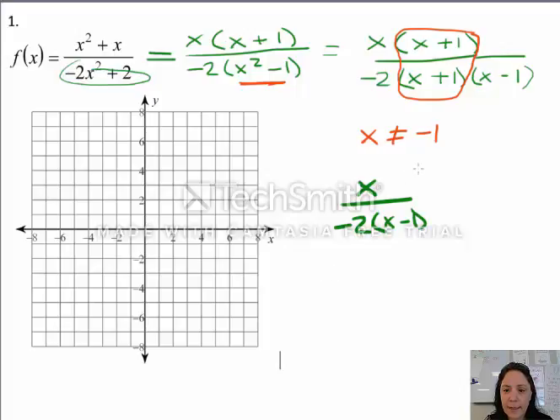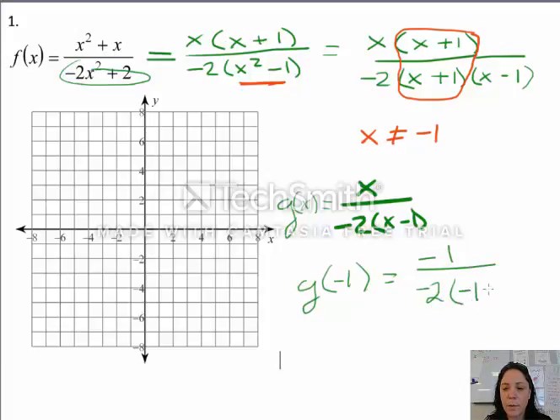So if I put in negative 1 for x here, this will be my g of x. So g of negative 1 is negative 1 in for my x over negative 2 times negative 1 minus 1, which is negative 1 over negative 2 times negative 1 minus 1, which is negative 2.